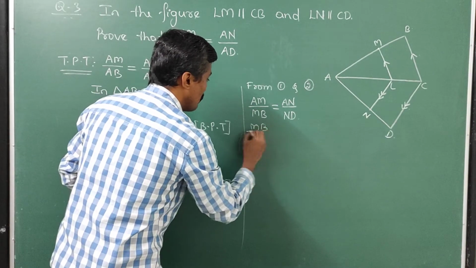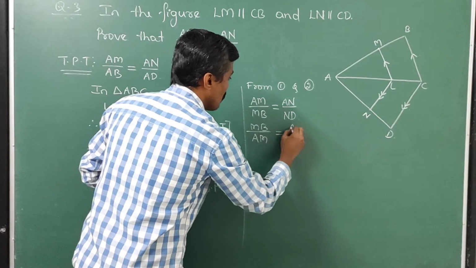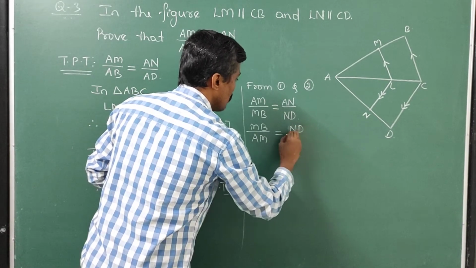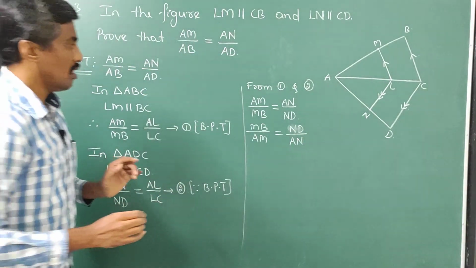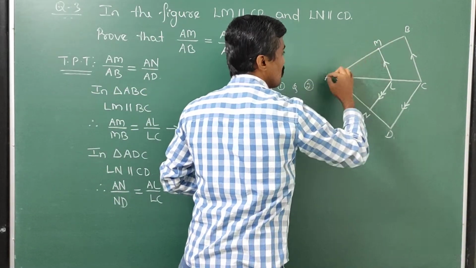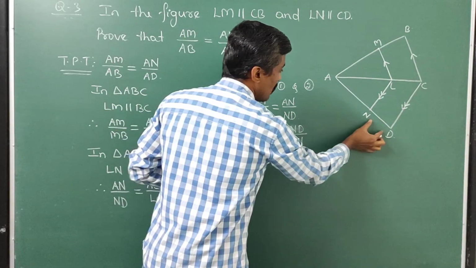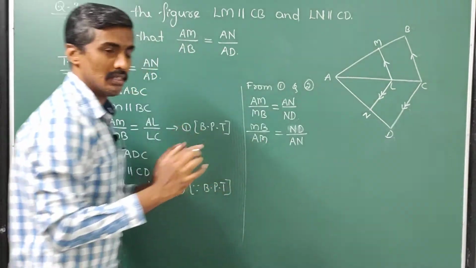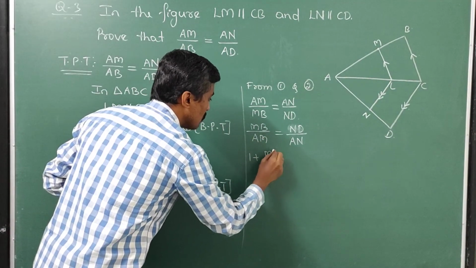Therefore I will reverse this ratio. First, MB divided by AM is equal to ND divided by AN. Now for AB I have to add AM, and similarly for ND, if I add AN, then I will get the whole AD. So I will add 1 on both sides.